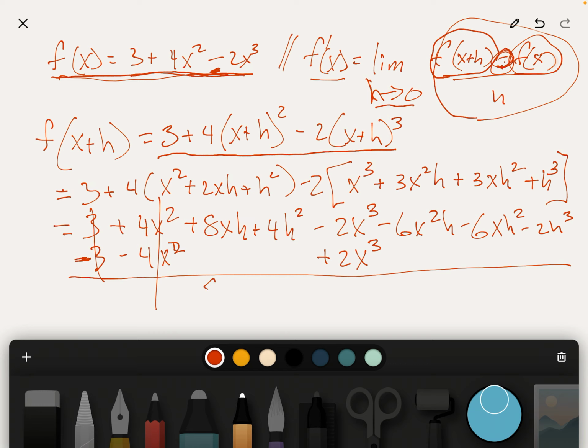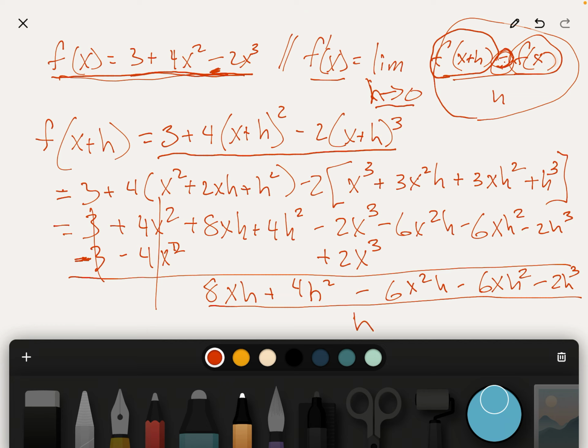And we're left with 8xh plus 4h squared minus 6x squared h minus 6xh squared minus 2h cubed. But we get to divide all of this by h, which is lucky because there's an h in each of these terms, so we won't wind up dividing by 0.